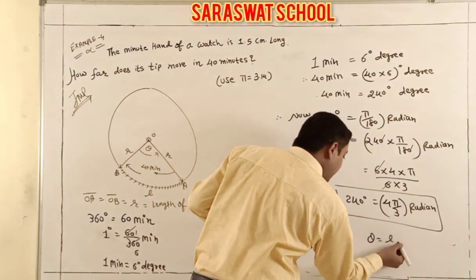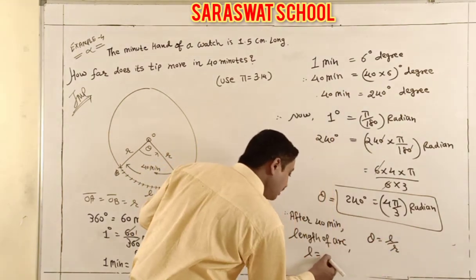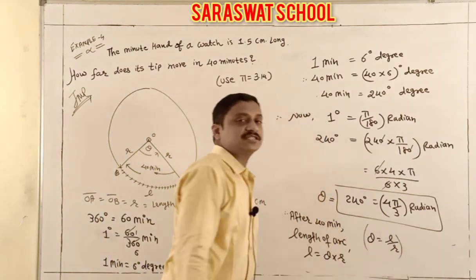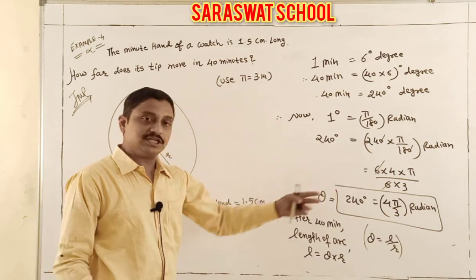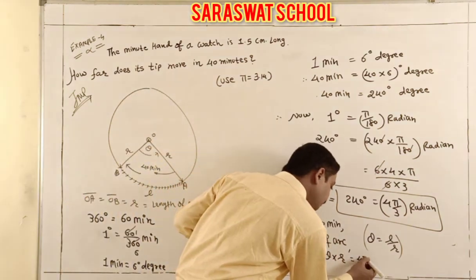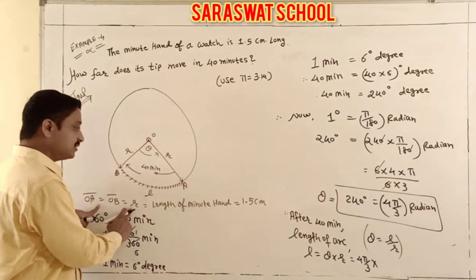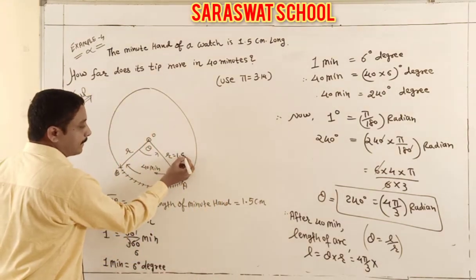Theta is equal to L by R. So what is L? Theta into R. This property, students, I am just applying, and you know theta is 4 pi by 3 and R is already known, it is the radius. How much length? 1.5, same.